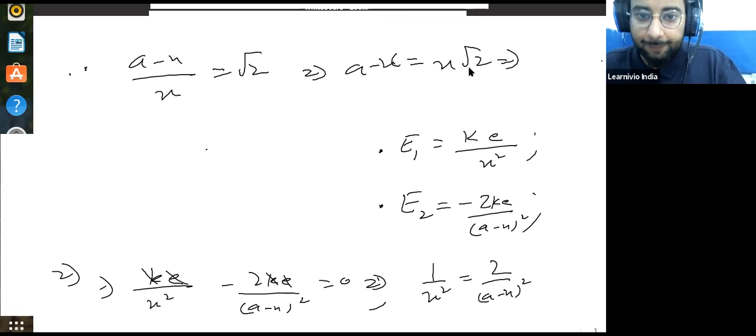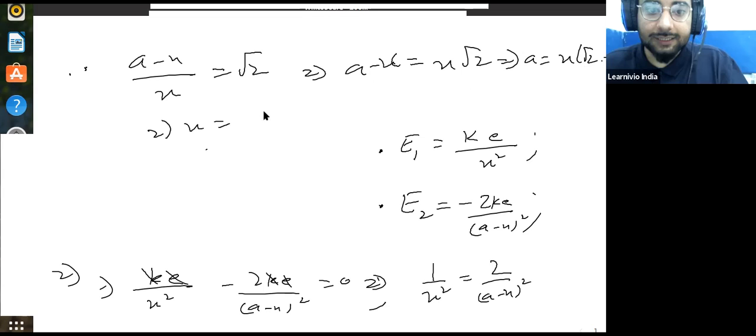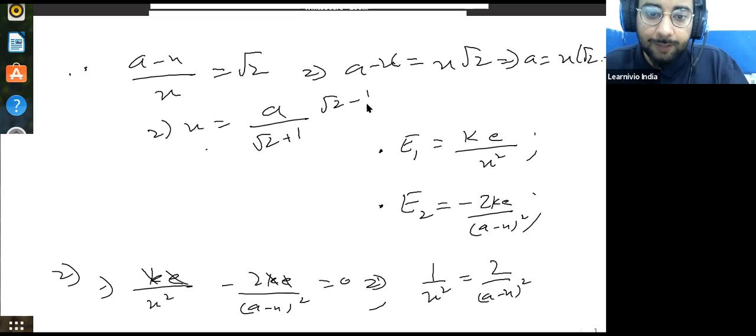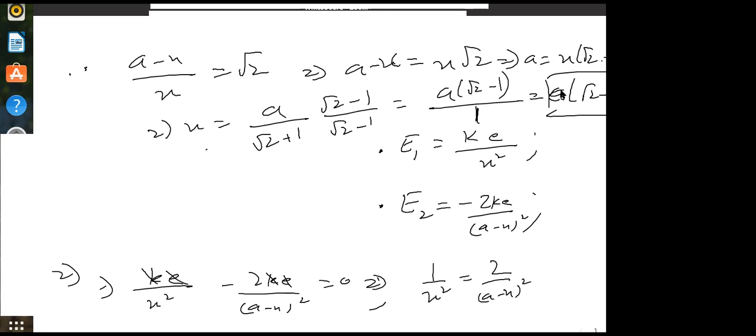Taking the x to the other side, what do you get? x times (root 2 plus 1). And hence x is just equal to A over (square root 2 plus 1). If you multiply by (square root 2 minus 1) in numerator and denominator, you get A times (square root 2 minus 1) over 2 minus 1, which is just 1. So it's just A times (square root 2 minus 1). Make sense? Yes.